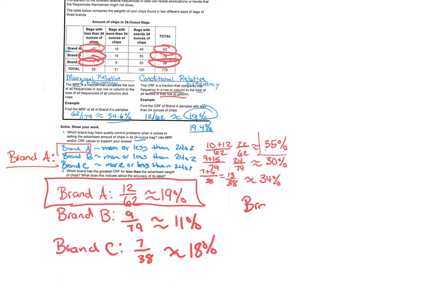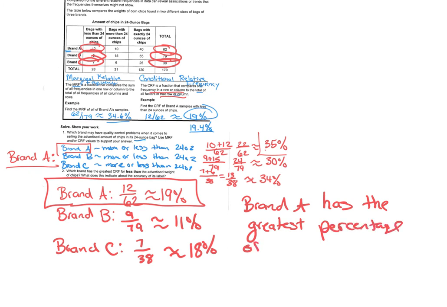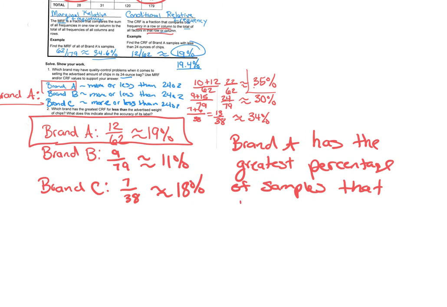So brand A has the greatest percentage of samples that contain less than 24 ounces.